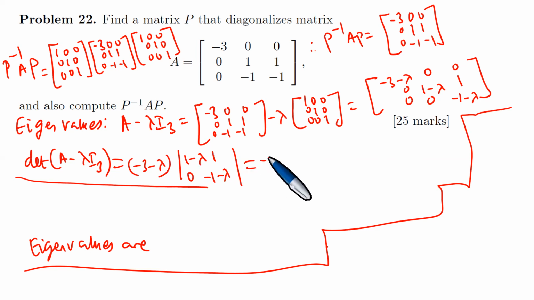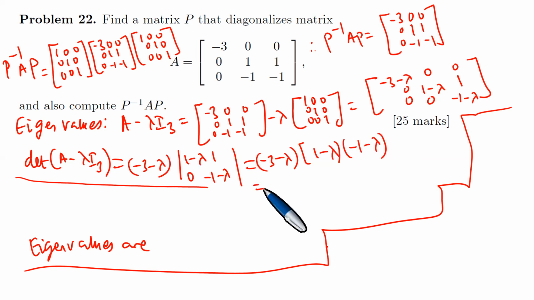So which is minus 3 minus lambda, which means you multiply this and that, 1 minus lambda, minus 1 minus lambda. So what would the answers be out of these? Lambda equals 1.